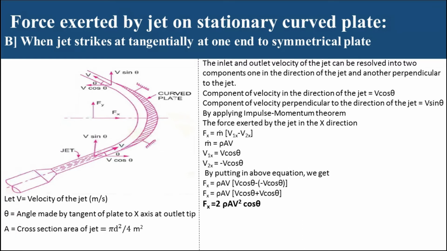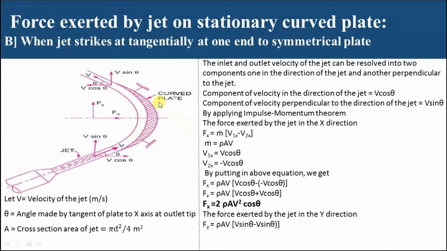After that we will find out the component of force in the y direction, or the normal direction. The force exerted by the jet in the y direction will again be mass flow rate rho a v into (v sin theta, the initial component, which is in the upward direction, so plus v sin theta, minus the final component, which is again in the vertical direction, so v sin theta with positive sign).